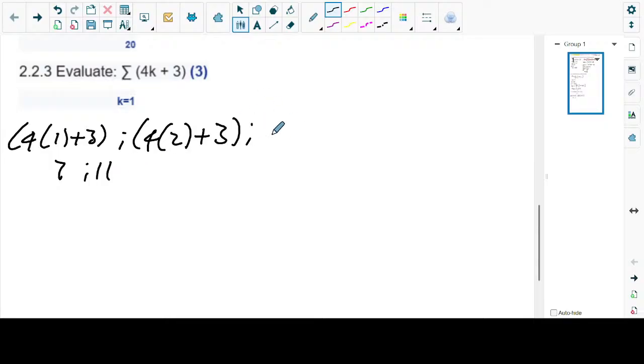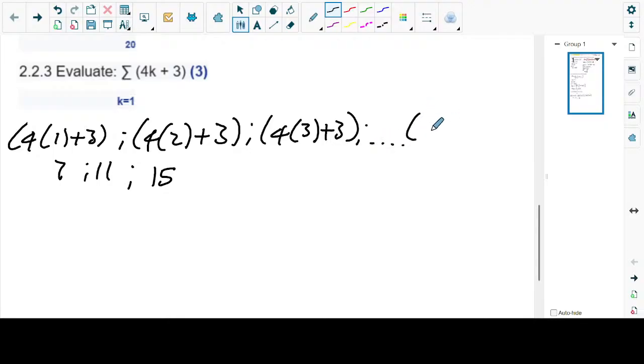7 plus 11, and then after that we have 15, which is 4 multiplied by 3 plus 3. And then after we have dot dot dot, 20.